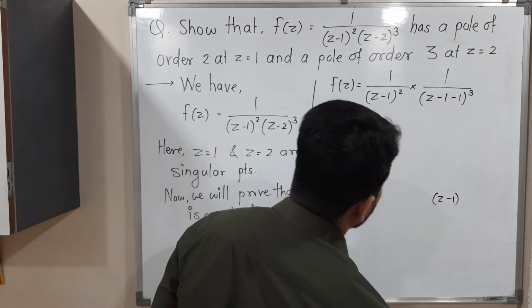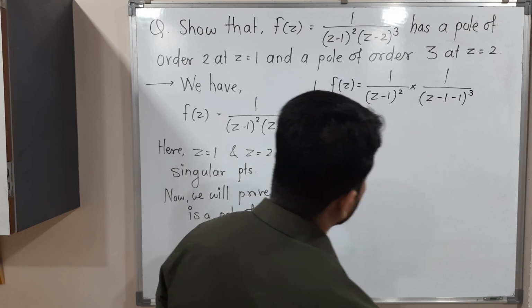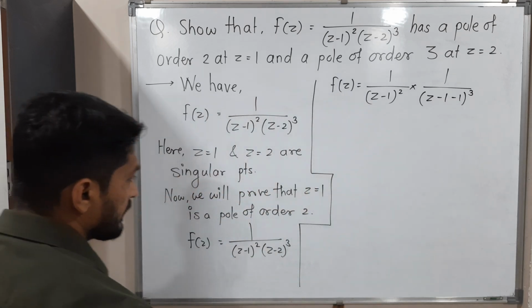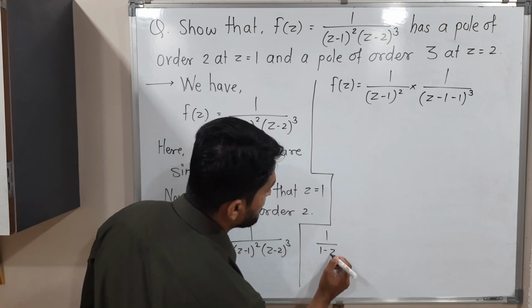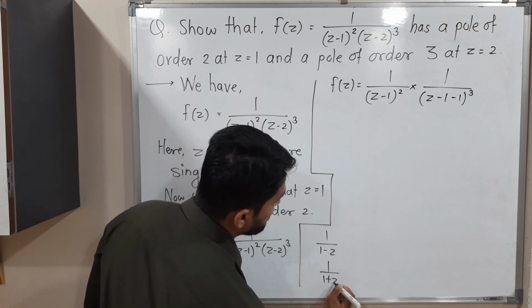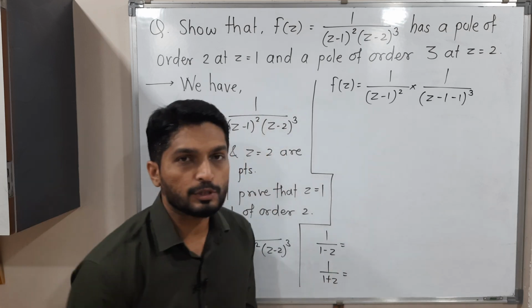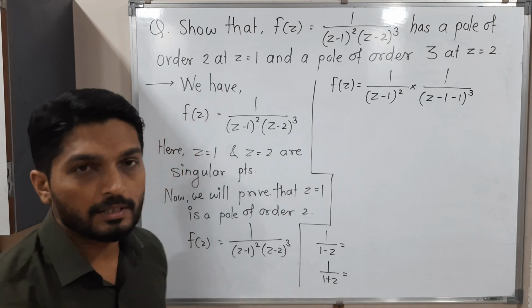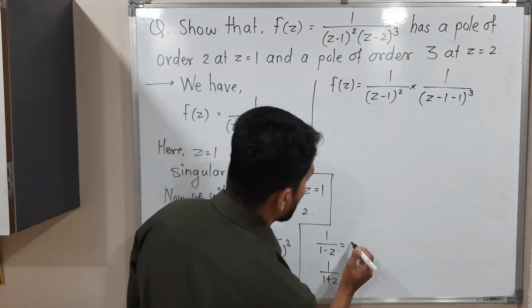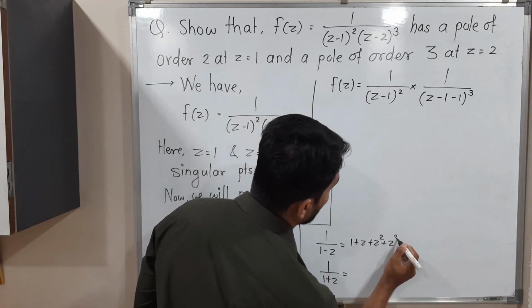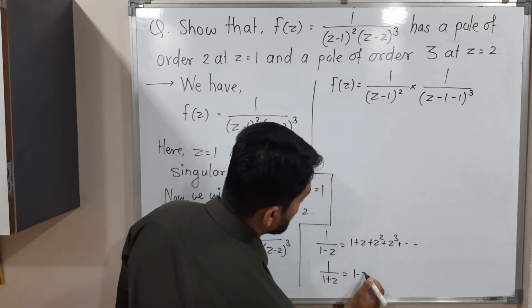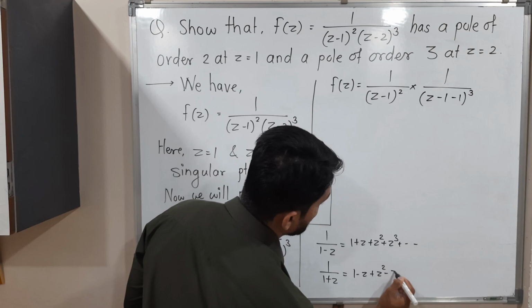Let us move further. There are two basic series which we frequently use: 1 upon 1 minus z and 1 upon 1 plus z. When we want a Laurent expansion, most of the times we use these series. The expansion is 1 plus z plus z square plus z cube and so on, and the other has the same expansion with alternating minus and plus signs.